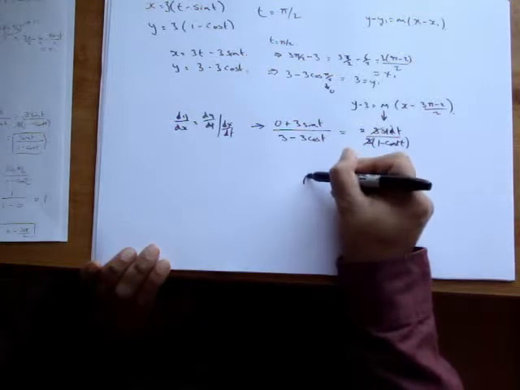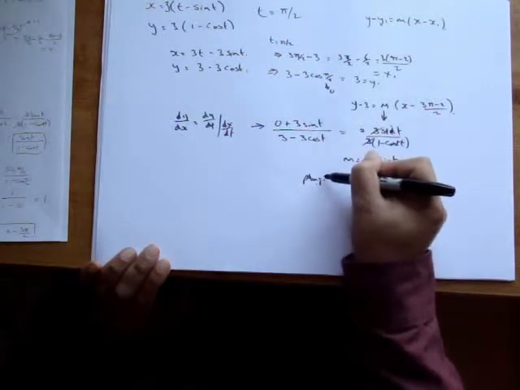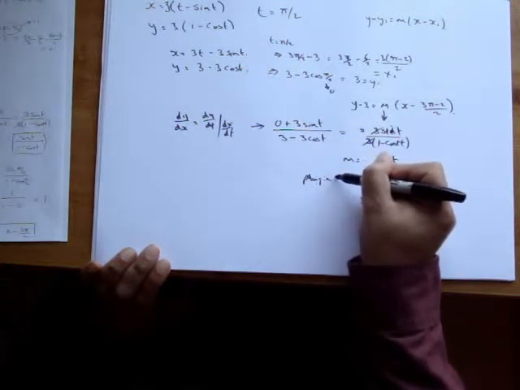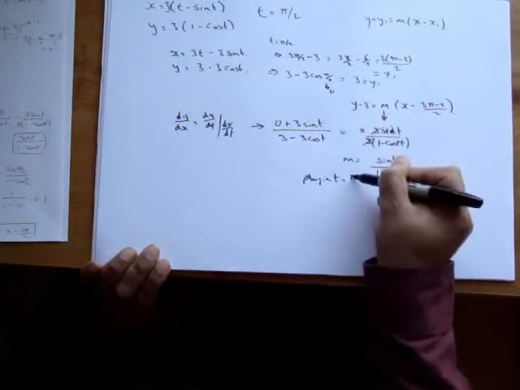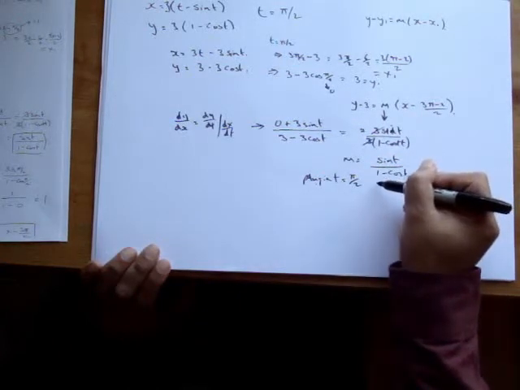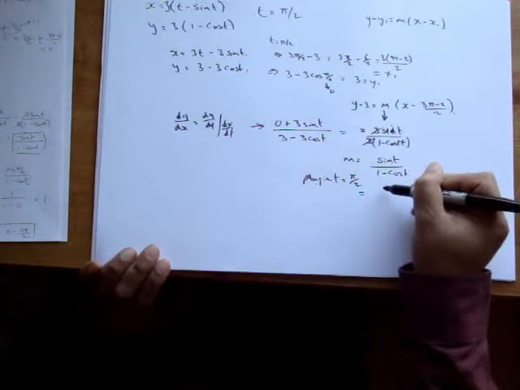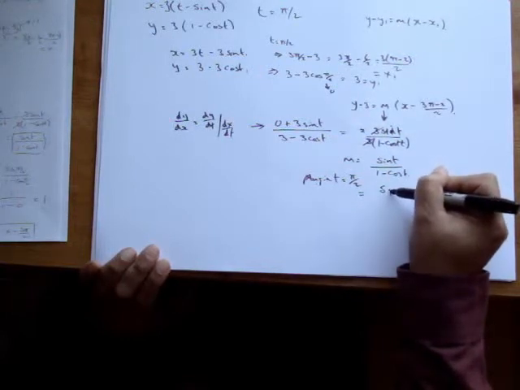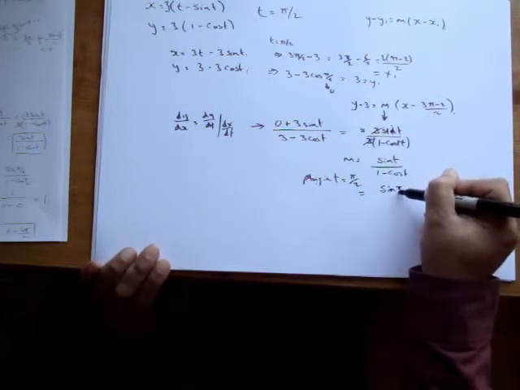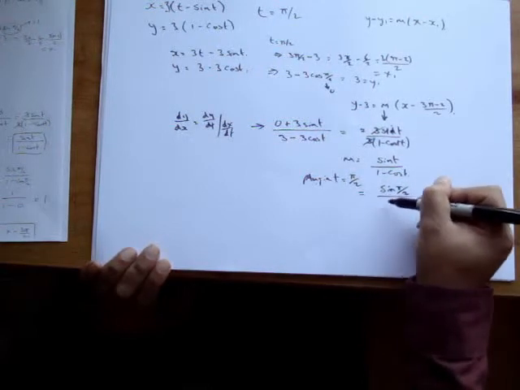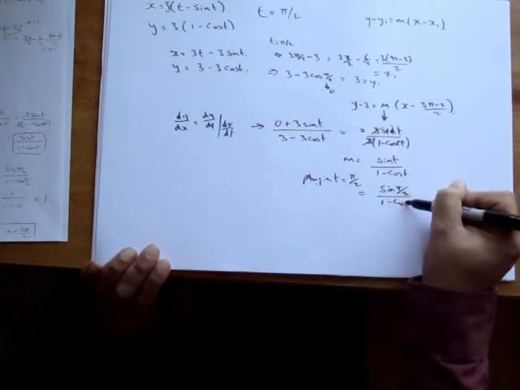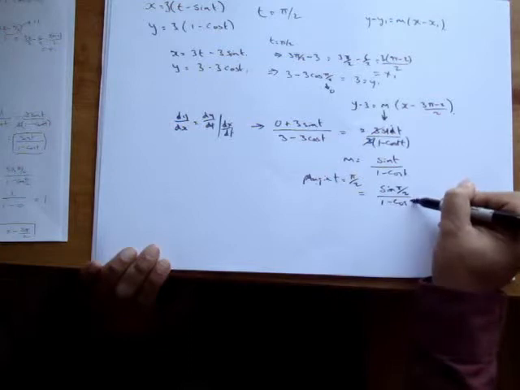Now we plug in t, that's pi over 2, and we get sine pi over 2 over 1 minus cos pi over 2.